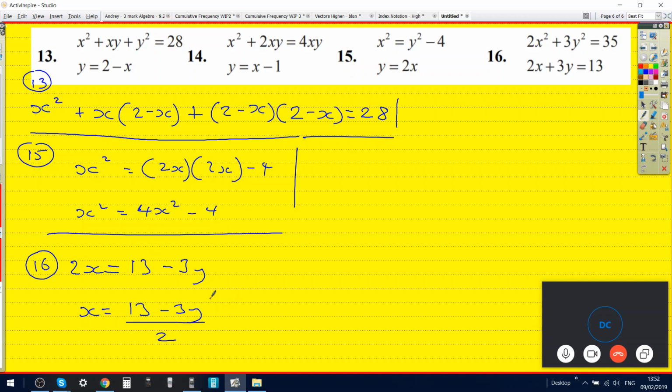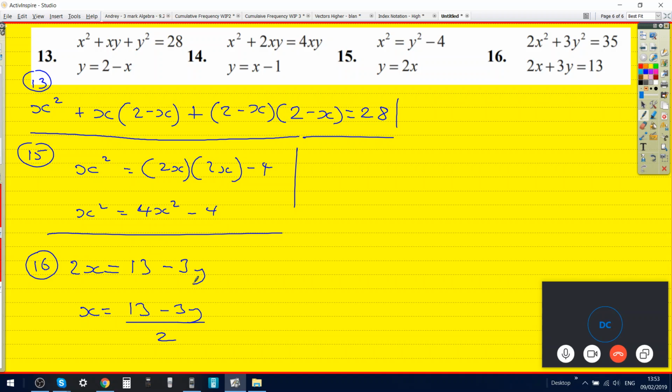And then you would then sub that into the other equation. Is it easier to leave it as a fraction or turn it into a decimal, do you think? Both are difficult. Maybe just leave it as a fraction.